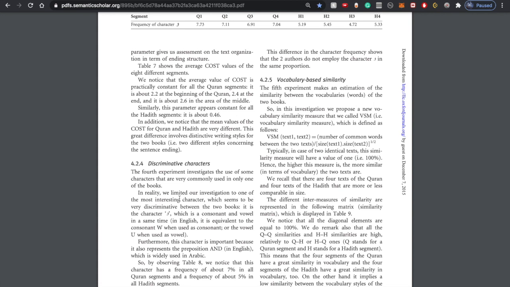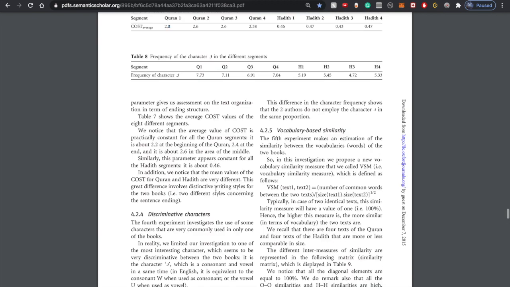And basically, they're looking at how often it's used in each book. And what they see is this letter, which is very significant because again it's a vowel consonant and it means the word "and". 7.7, 7.1, 6.9, 7.04.